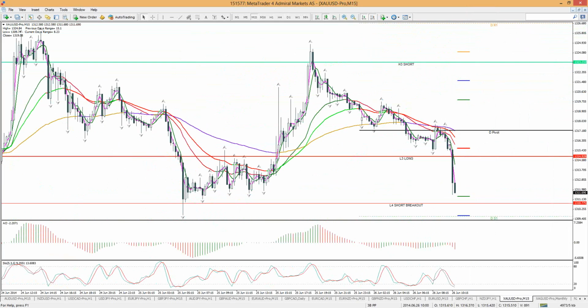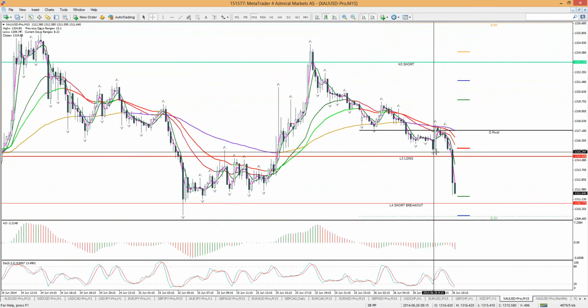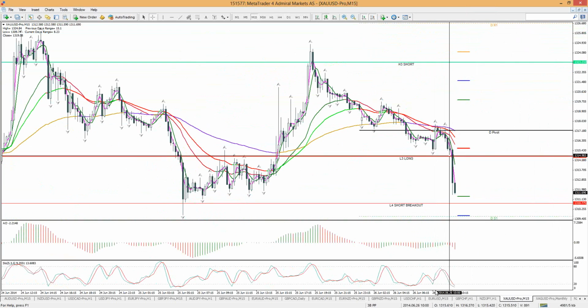You got bearish moving averages on the 15. Interesting. Past the L3, this was an interesting short because the moving averages were bearish. Daily pivot was already broken. You can see it stopped at the L3, but when it broke below it, it's really accelerating pretty fast now. That would have been a good break. Not sure if anyone saw that.